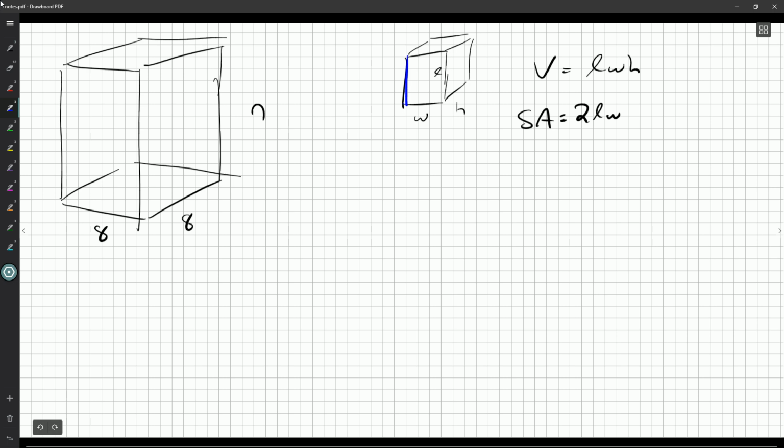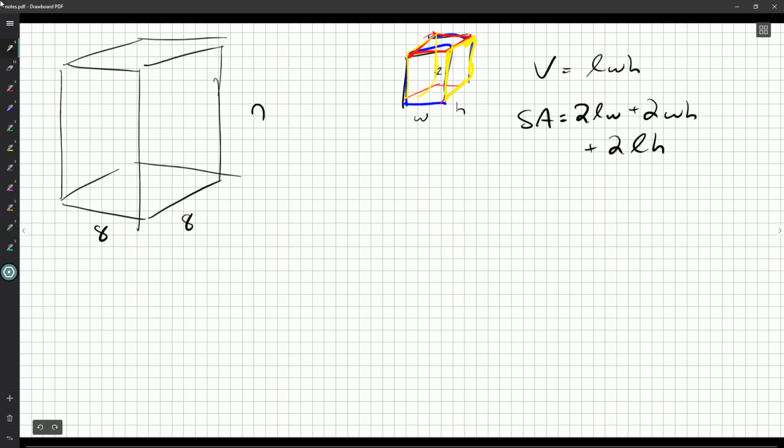That gives us the area of this rectangle and then the same rectangle on the back, plus twice the width times the height. So that would give us the base here and the top, so 2 copies of that rectangle, plus 2 copies of the other rectangle, length times height. Okay, so that's the surface area.